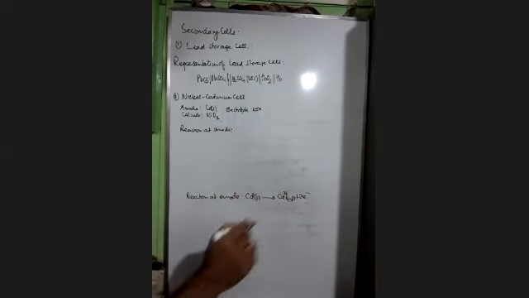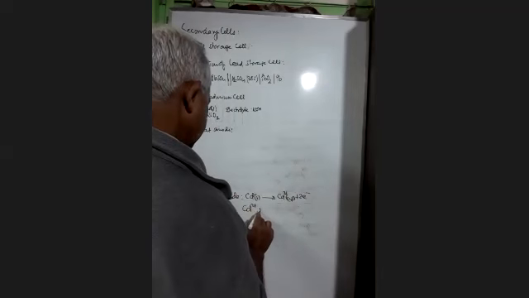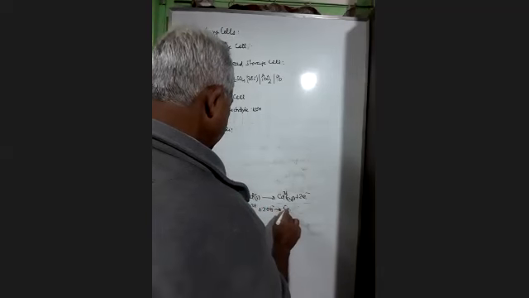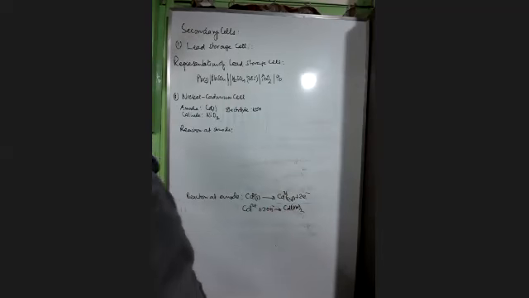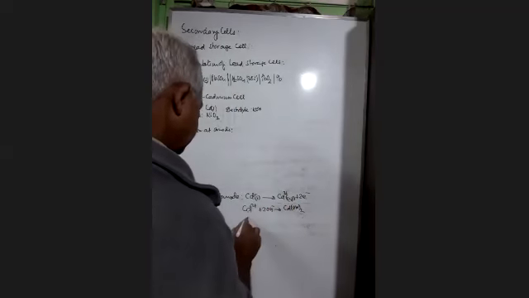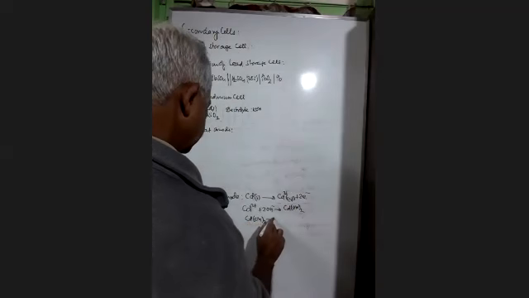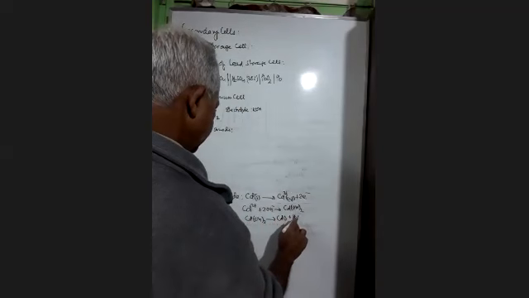But we have seen in the mercury cell also, as hydroxide is there, so the hydroxide immediately will combine to give you cadmium hydroxide. Cadmium hydroxide is not stable, so it will give you cadmium oxide and H2.